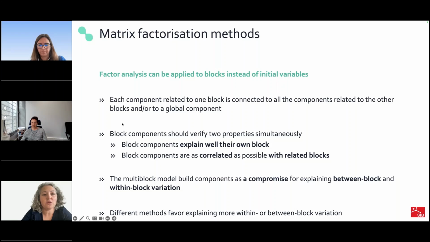The block components should verify those two properties. They should explain well their own block, and they are correlated with other components from the other blocks.